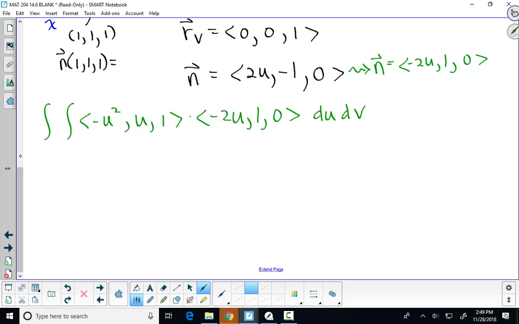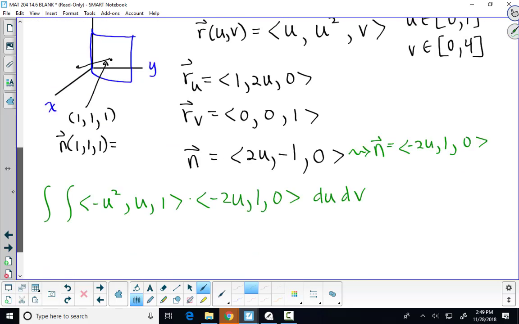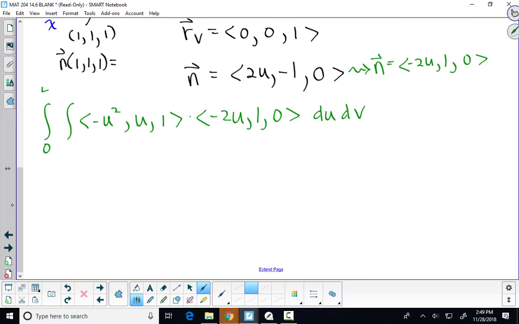And we said that u is coming from 0 to 1, and v is coming from 0 to 4. Dot these two together. That's a 0. 2u cubed plus u, du.